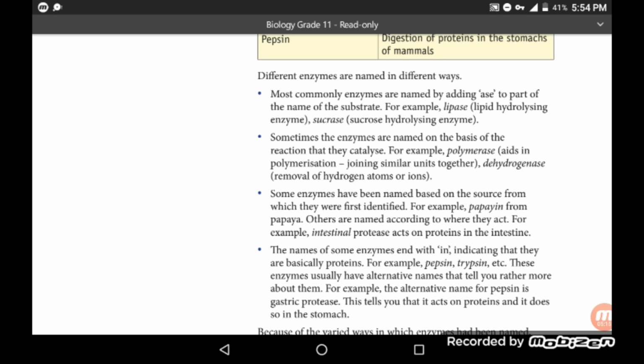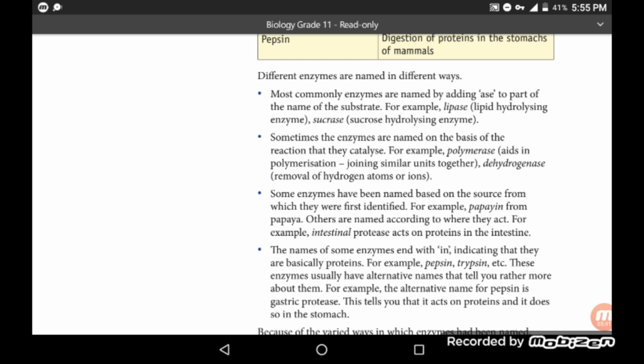Sometimes the enzymes are named on the basis of the reaction that they catalyze. For example, polymerase. The polymerase catalyzes the polymerization process. In the polymerization process, monomer units form a polymer.